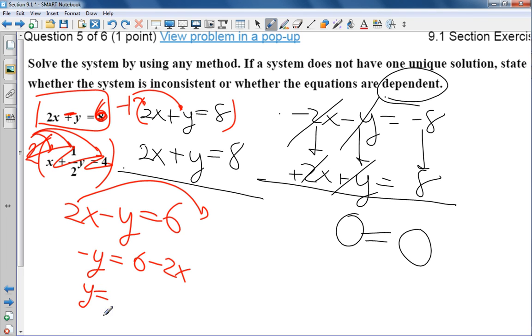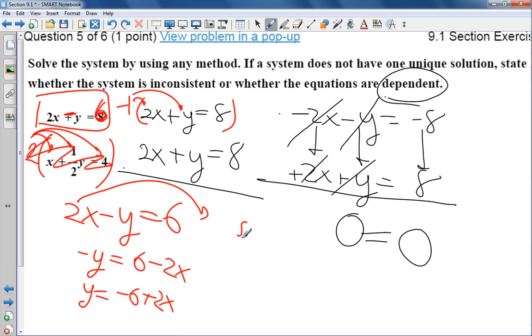Flip the signs. So this will be -6 and plus 2x. So this means every time you provide me an answer for x, y should be chosen depending on x. Like if x is 0, y will be minus 6, 1, y will be minus 4, 2, y will be minus 2. So y is depending on x.